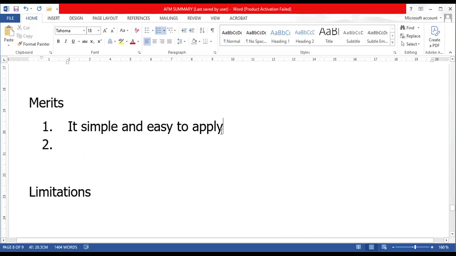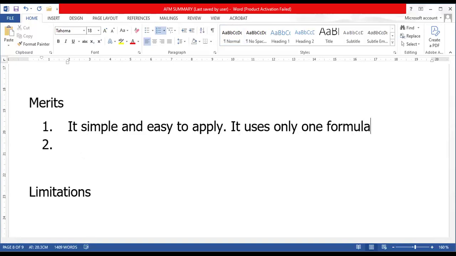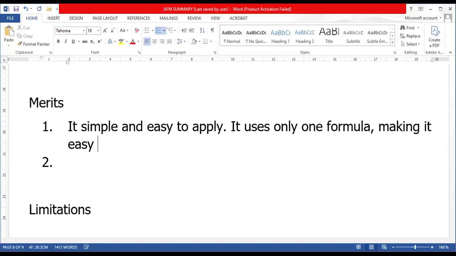The reason why we are saying that it is simple and easy to apply is that it uses only one formula, making it easy for students, for the analysts, and the managers.